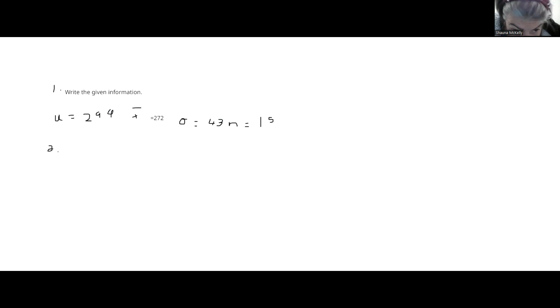So I'm going to draw my picture after I put it in my formula. Z is equal to X bar minus mu over sigma divided by the square root of n.